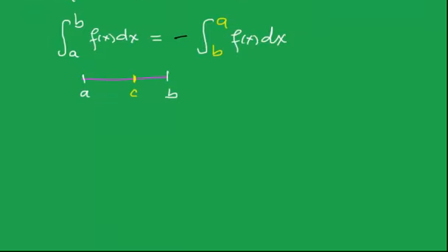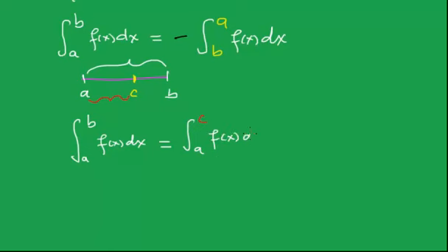Now the integral from a to b of f of x dx is equal to the integral from a to c of f of x dx plus the integral from c to b of f of x dx.